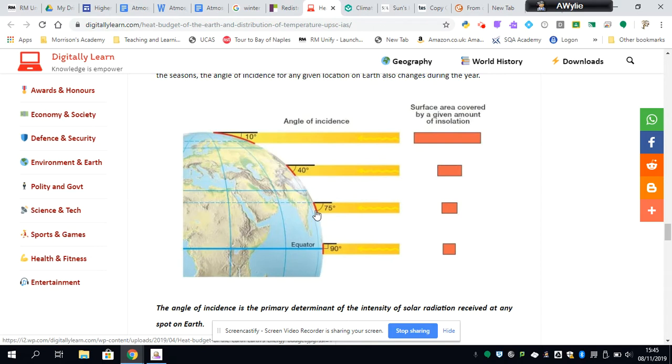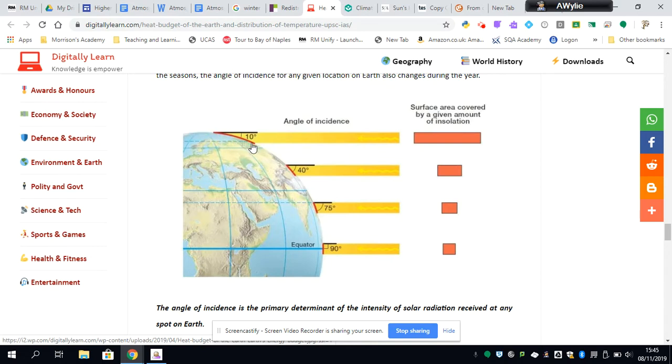Now, due to the curvature of the Earth, heat that strikes the equator is striking it directly overhead, and therefore is only having to heat a relatively small area of land. Whereas the same amount of heat energy traveling towards the North Pole is hitting the planet's surface where it is curved away from the sun.